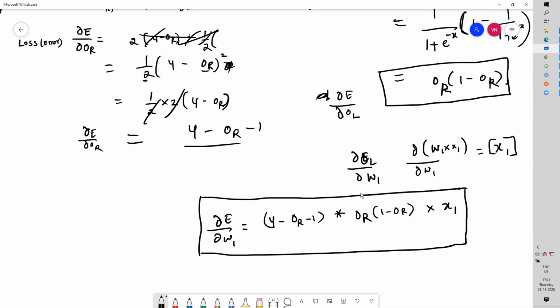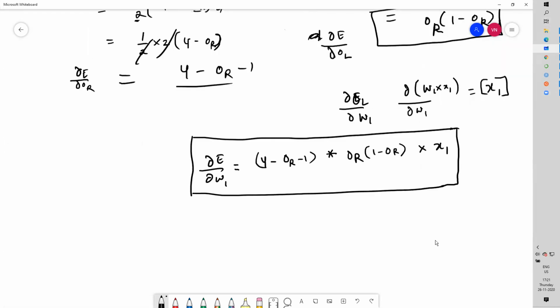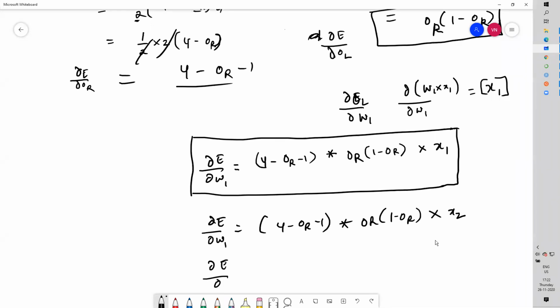And we need to write a program for this. Let's do that. Similarly, for the other two, dou E by dou W2 is equal to, again, y minus OR, minus 1, into OR into 1 minus OR into X2. And dou E by dou W3 is equal to y minus OR, minus 1, into OR into 1 minus OR into X3.